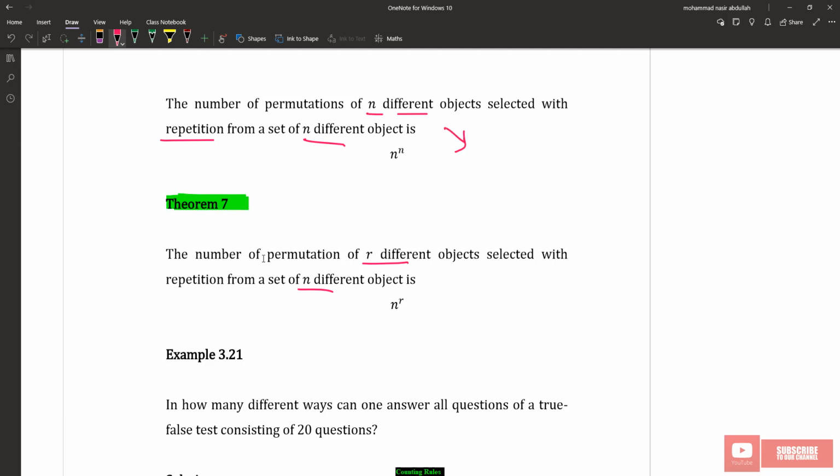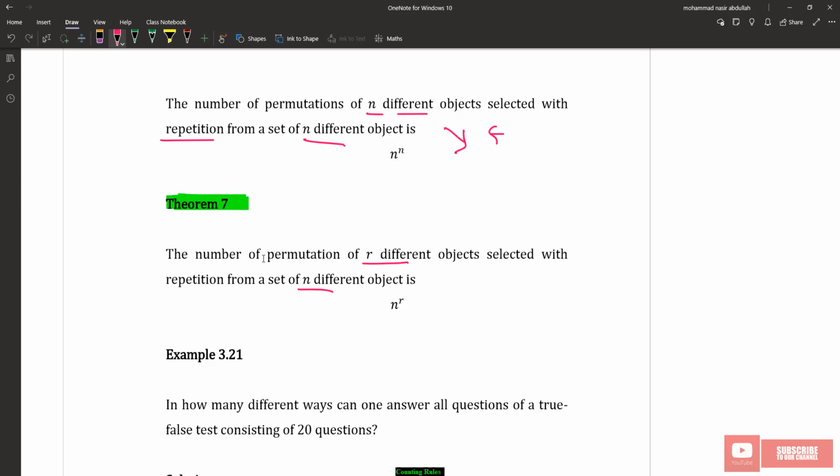Let's look at this one. Let's say I have a multiple choice question set.